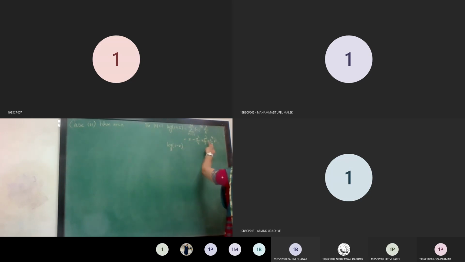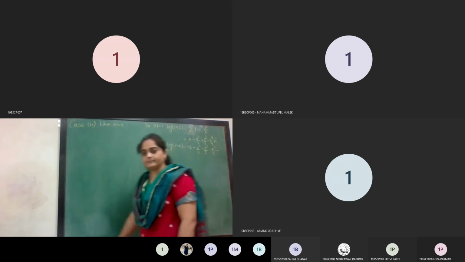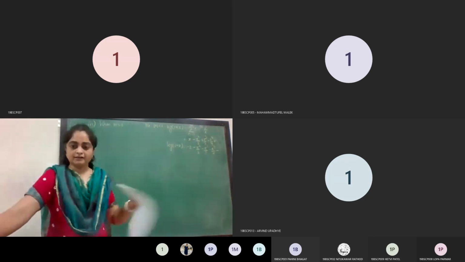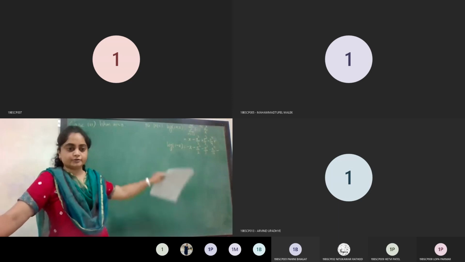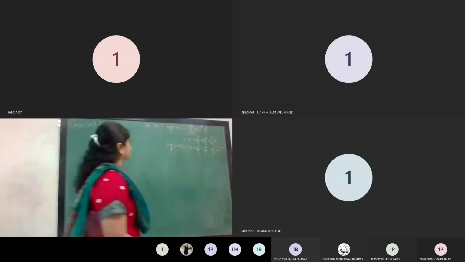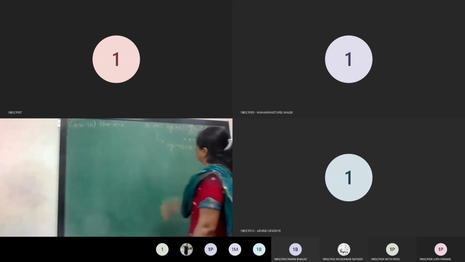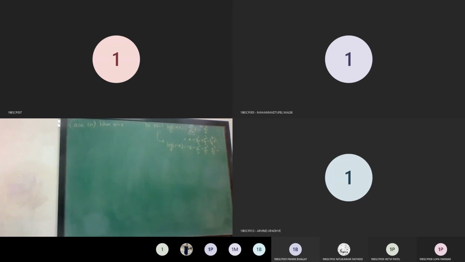But the corresponding odd powers will have all negative sign. So these two we are going to use. You can note it for your reference. Both of these are valid for absolute value of z less than 1.